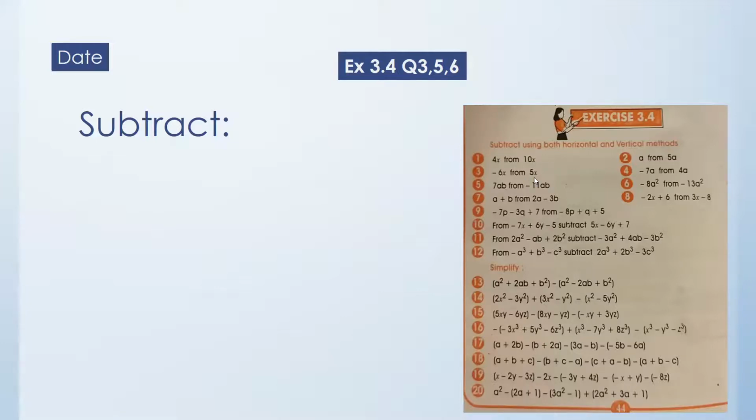Which term is going to be written first, Ajba? Horizontal method. Which term is written first, 5x or 6x? Minus 6x, what will we write first? 5x. Very good. And which term's sign will change? It will become plus.